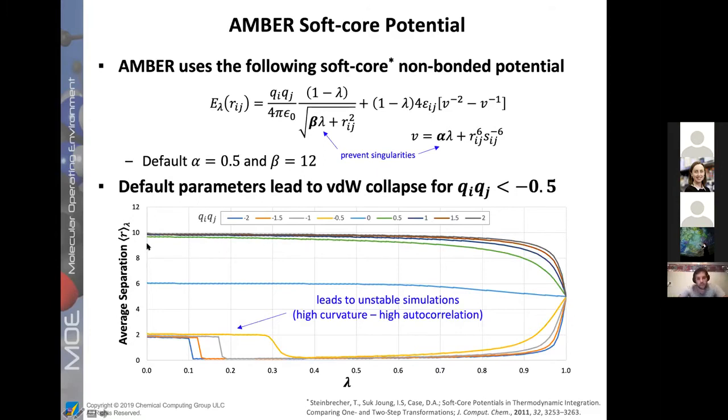At the top, the lines in green to gray are basically repulsive terms. So the charge is repulsive, and you see that when you tone down the lambda value, so basically make one of the two particles disappear, they sit at 10 angstroms for the repulsion, and then when you come to a fully disappeared particle, you are around Brownian motion on average.